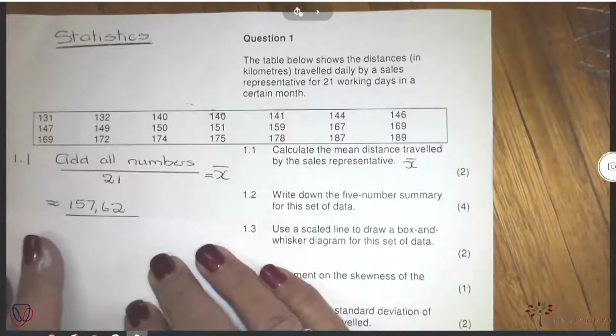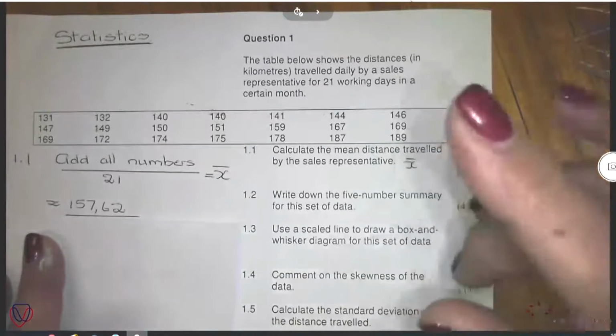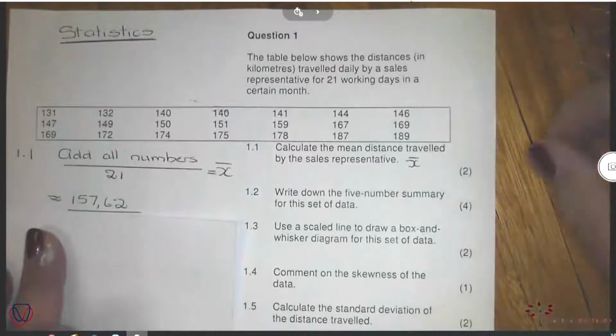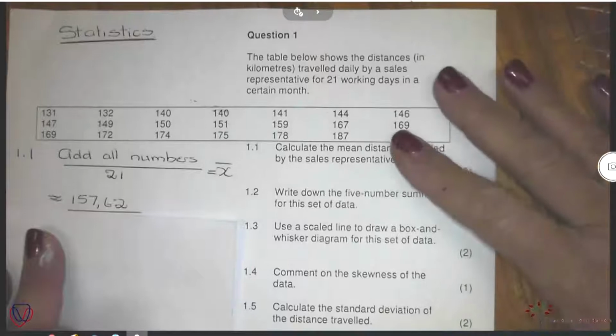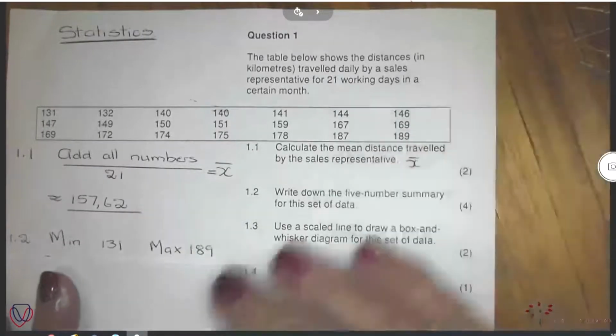Now, because we need to arrange all this data in order to find the middle term for the median, the Q1, the Q3, the minimum, and the maximum. I didn't organize that, I just started doing it.